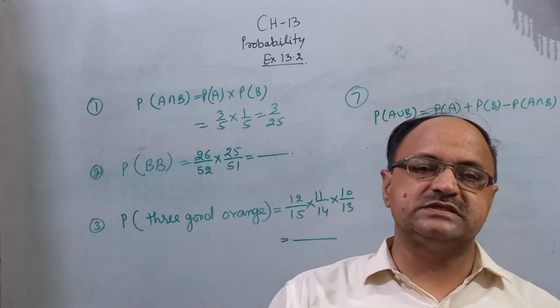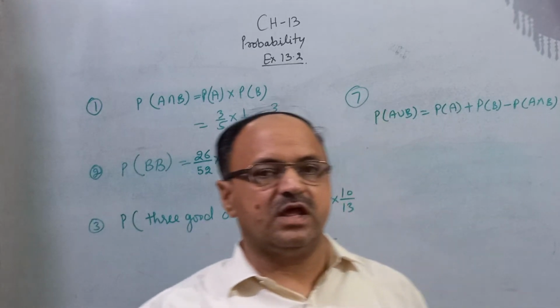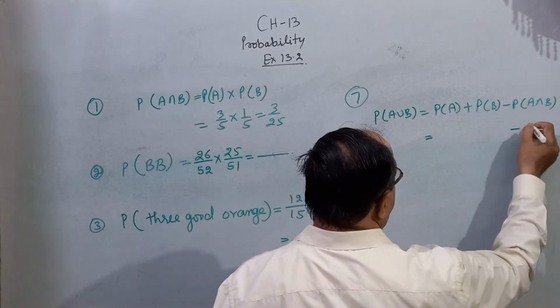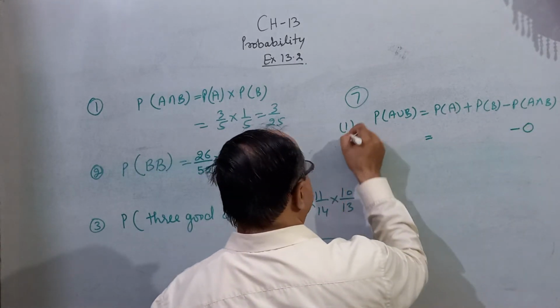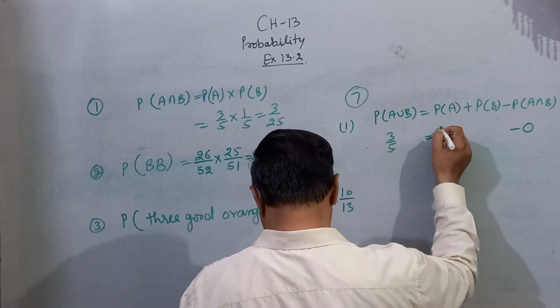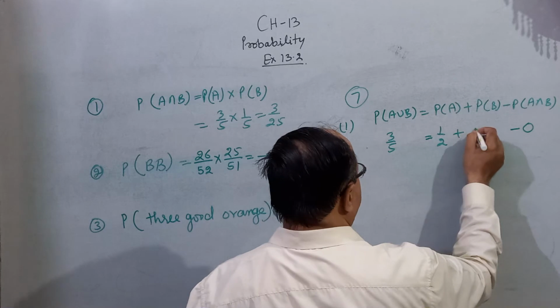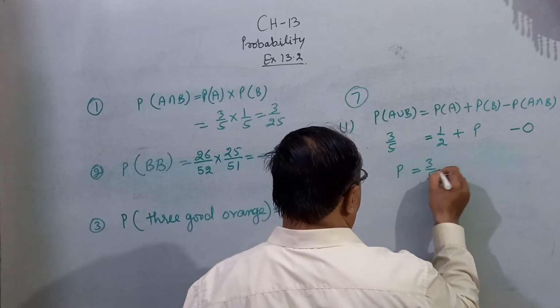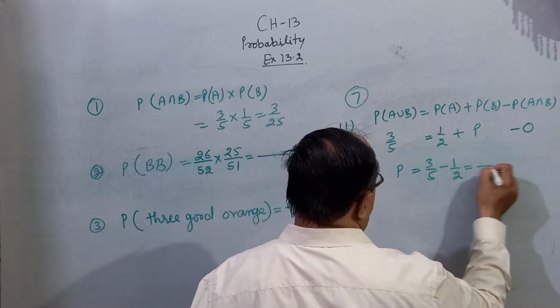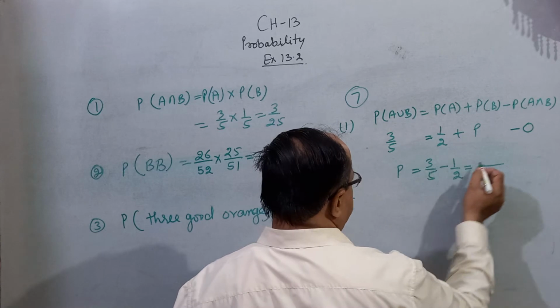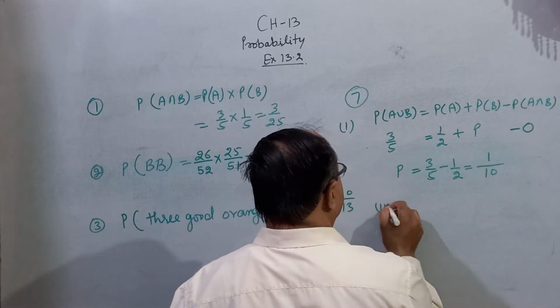First is mutually exclusive, second is independent events. For mutually exclusive, the probability of A intersection B is 0. In the first part, the union is given, that is 3 by 5, P of A is given, that is 1 by 2, and you want to find P. 3 by 5 minus 1 by 2. You can take LCM 10, 6 minus 5, 1. This is the first part.